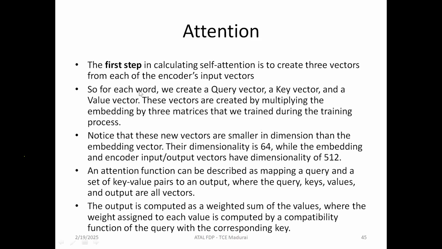So here, for each word, we create the query vector, key vector, and value vector. This is the first stage in the attention module, which is the backbone of the transformer. These vectors are created by multiplying the embedding by three matrices.